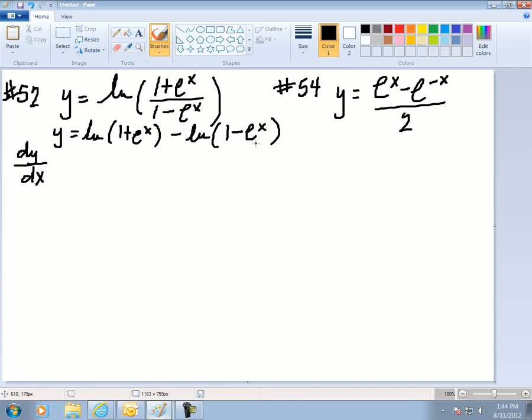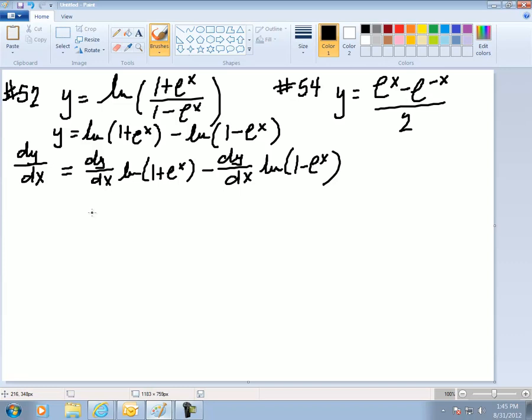Again, applying those properties of logs, sorry. Right? And now when I take the derivative of this, I can take the derivative of each part. Natural log 1 plus e to the x minus dy dx, natural log of 1 minus e to the x.